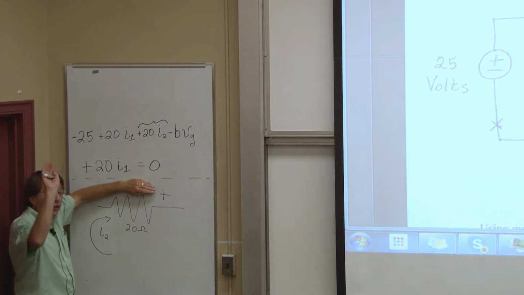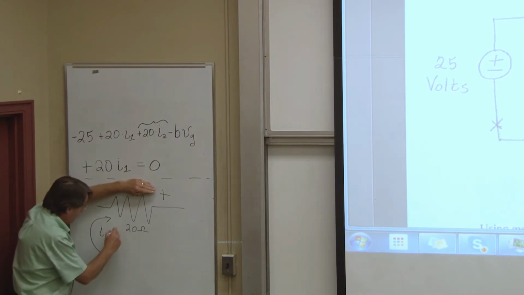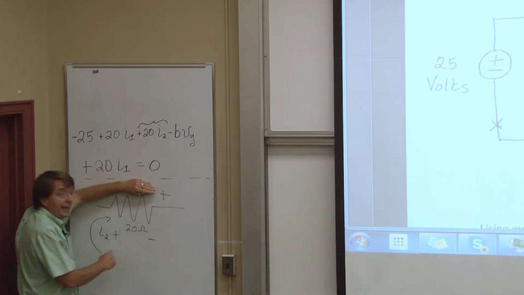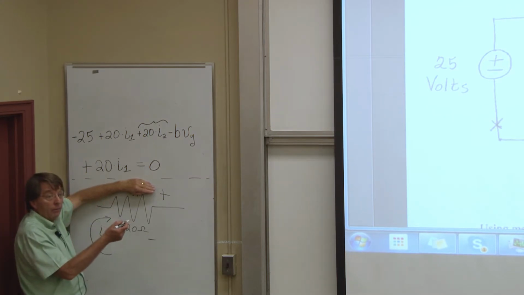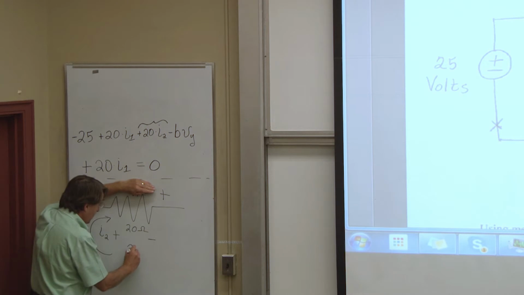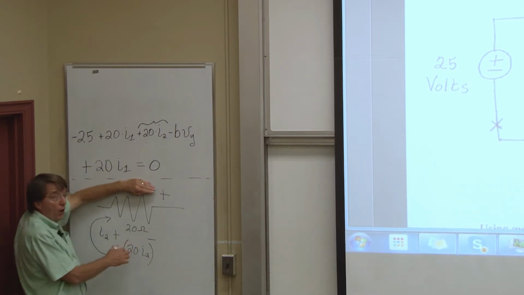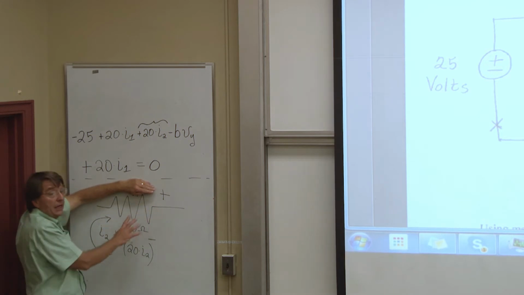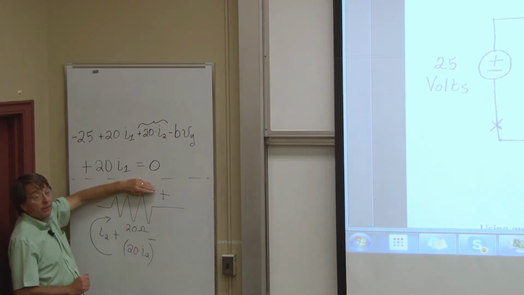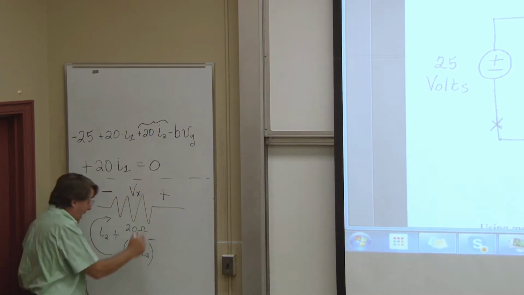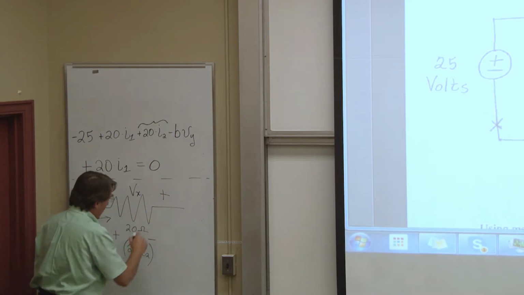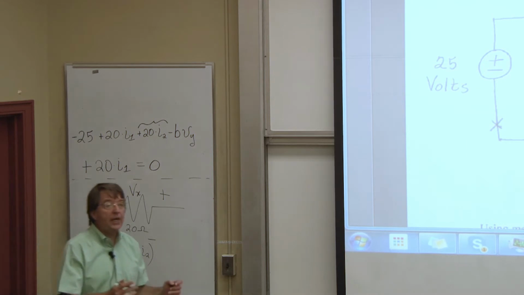The current enters the positive end, so it's positive, negative. This voltage is I times R, so 20 times I2 is the voltage positive to negative over this resistor. Vx is minus the positive, so Vx is minus 20 I2.